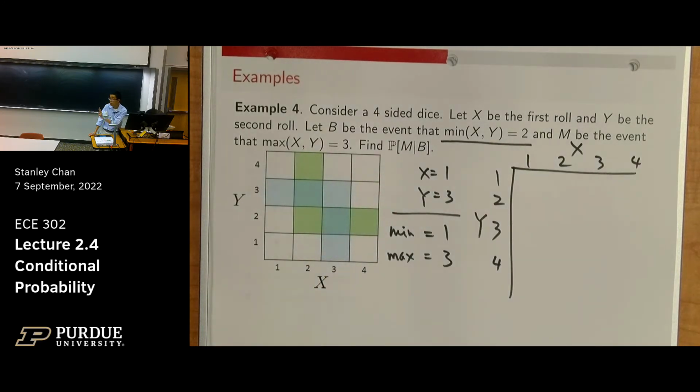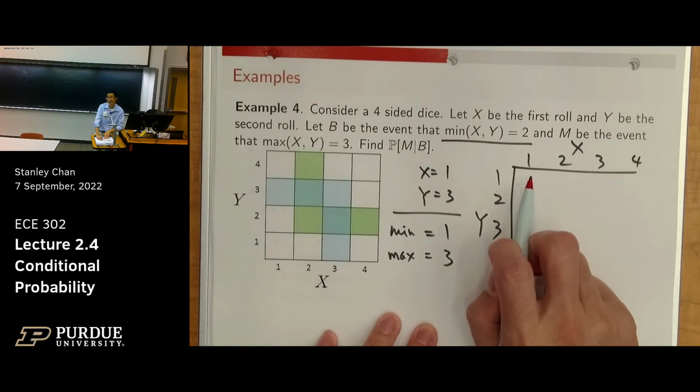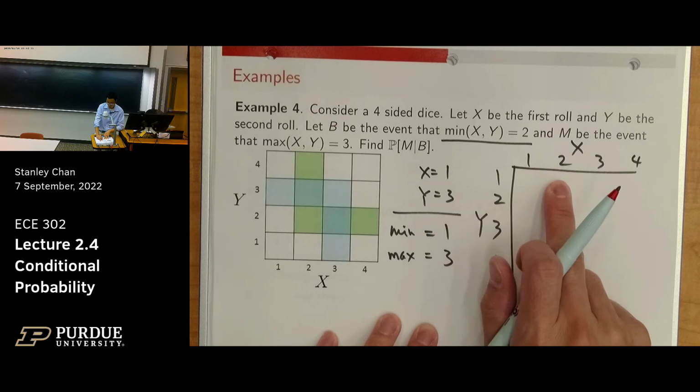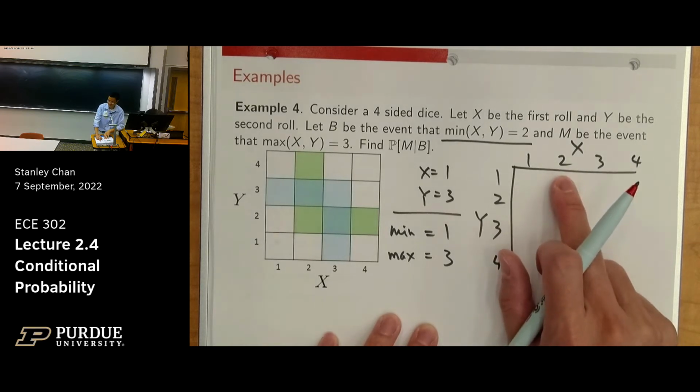The smaller is 2, so who would that be? Well, if you choose 1 and 1, that's not good because the smaller is 1. 1 and 2, the smaller is 1, so this is not included.